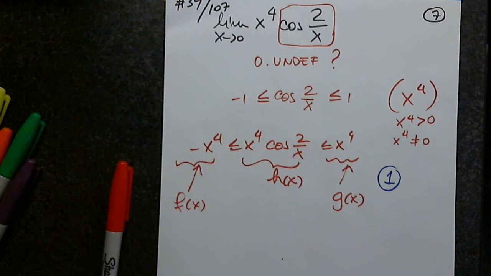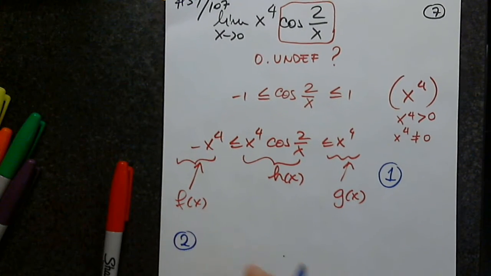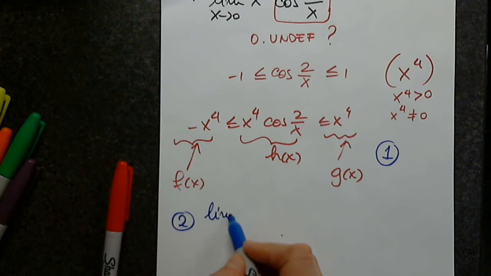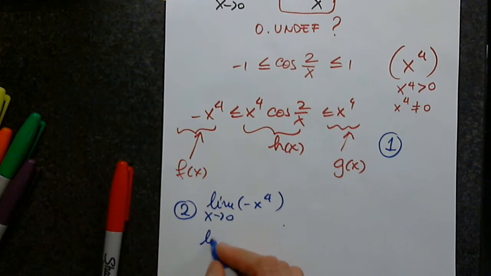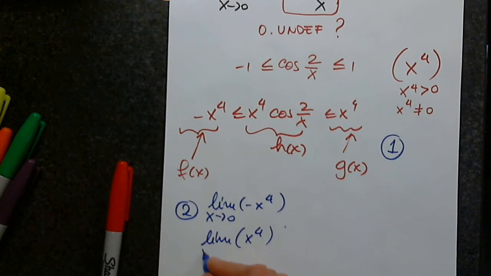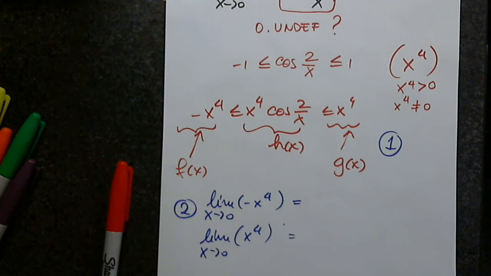Now I have to show the second step. What is the second step? That the limit of negative x to the fourth as x approaches 0 from either side, and the limit of x to the fourth as x approaches 0 from either side, in other words f and g, both exist and they are the same. I'm determining the limit of a polynomial.